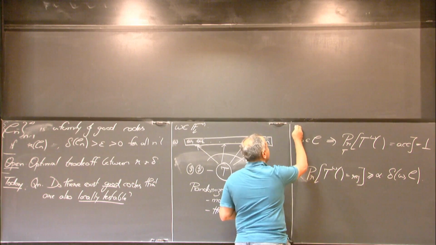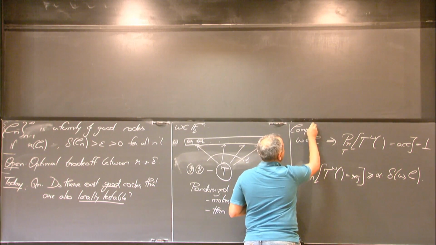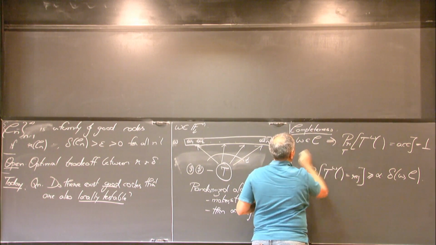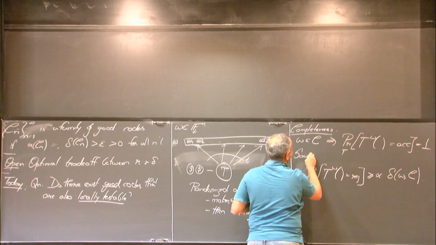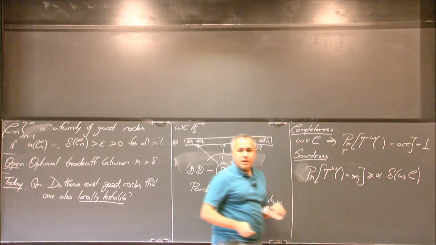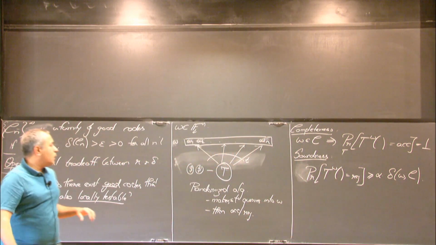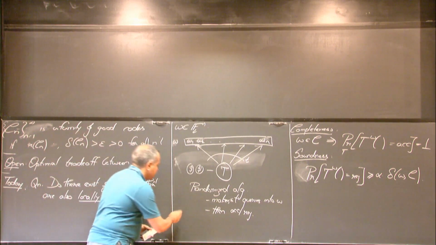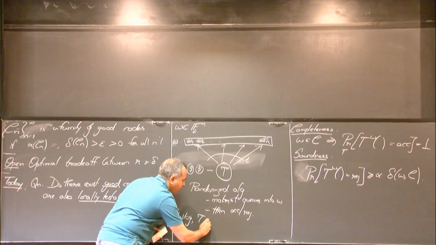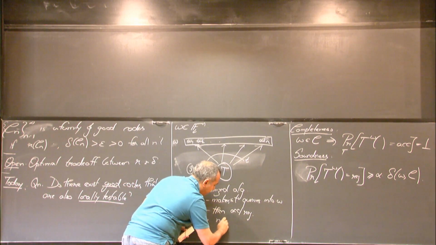I'll call these the two properties I want of the tester: completeness and soundness. For linear codes, we can always assume, without loss of generality, that the tester is non-adaptive.